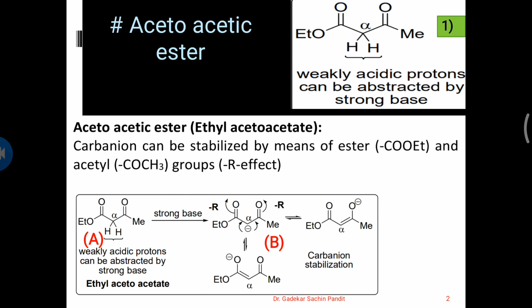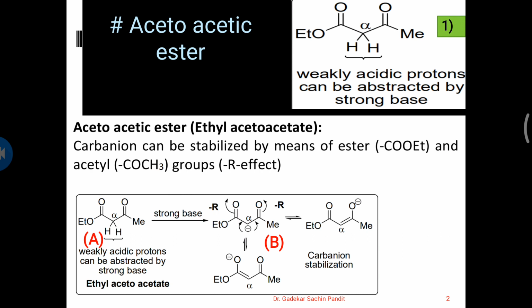In the first figure A, this compound has two alpha hydrogen atoms. The weakly acidic proton can be abstracted by a strong base, sodium ethoxide or sodium methoxide, to form the B type of anion, the carbanion of acetoacetic ester.